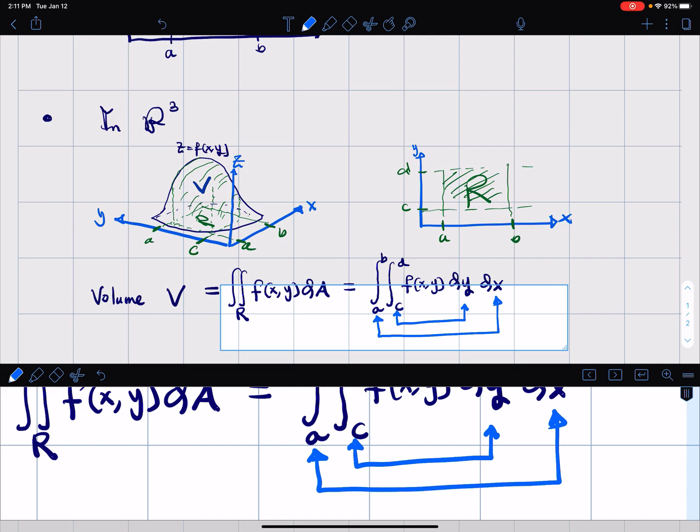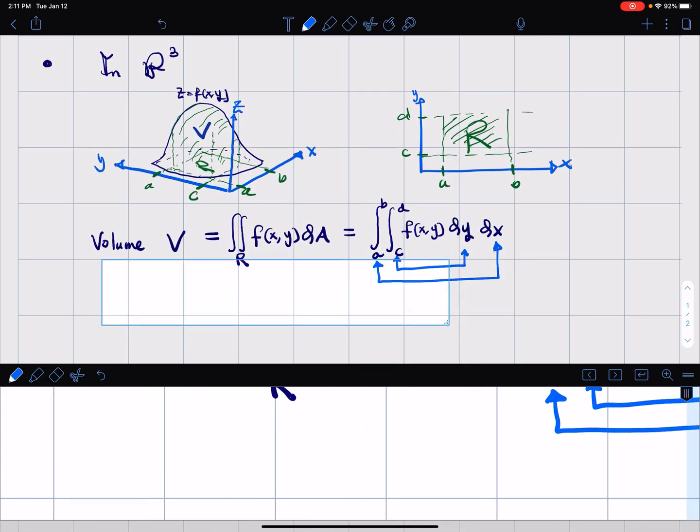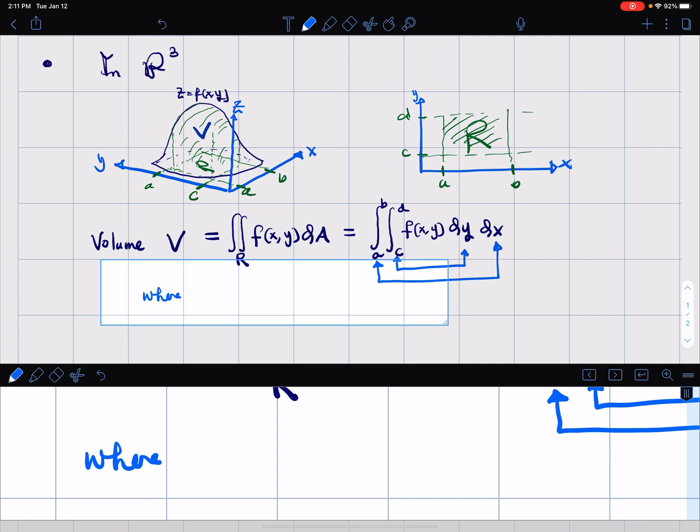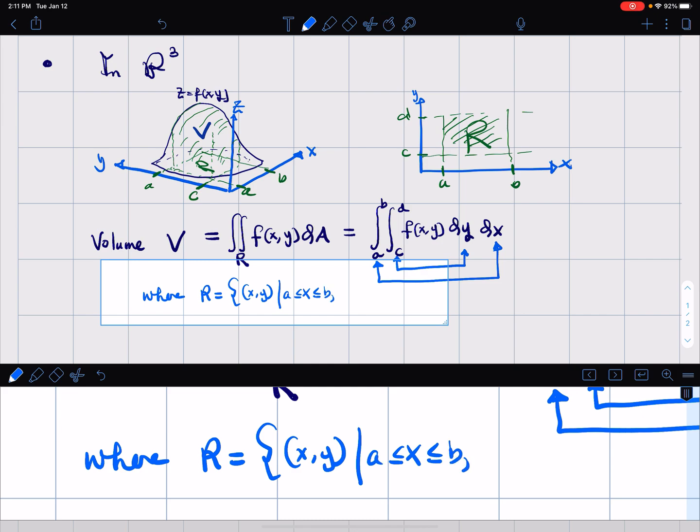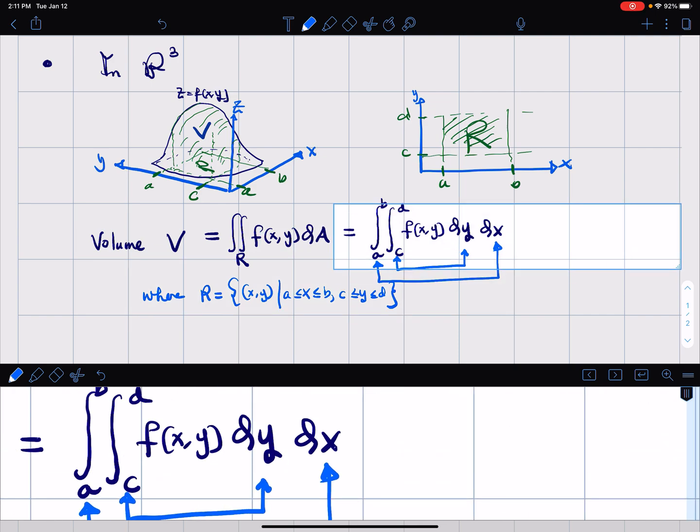Remember this region R, where the region R is the set of points x, y such that x is between A and B and y is between C and D. All right, so we're going to be using this formulation to compute a lot of double integrals.